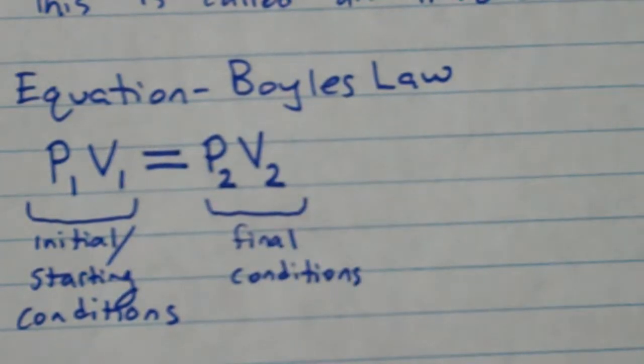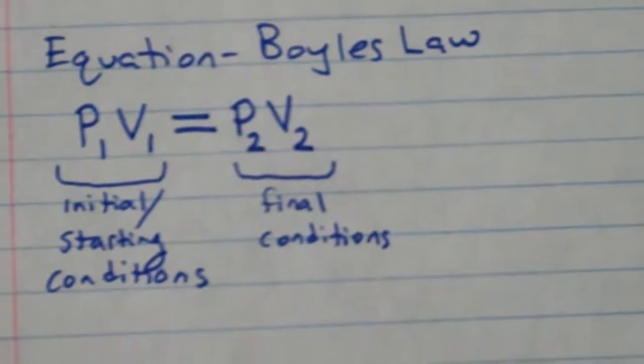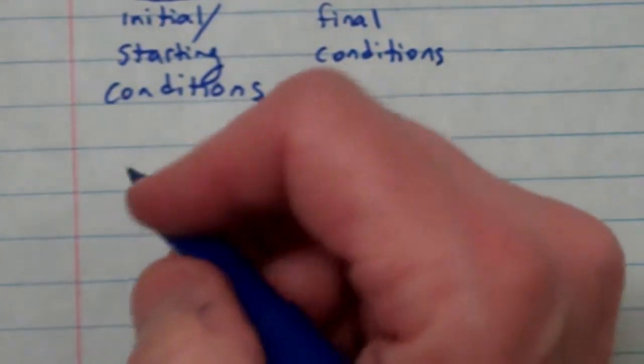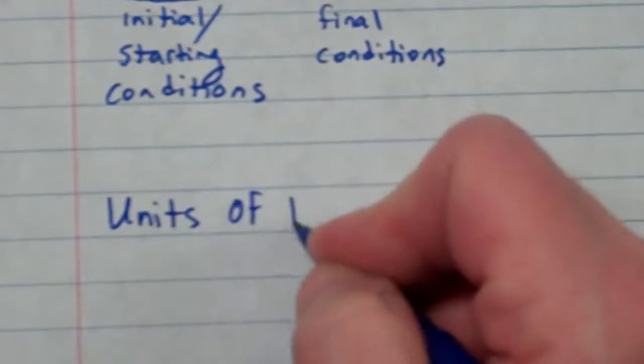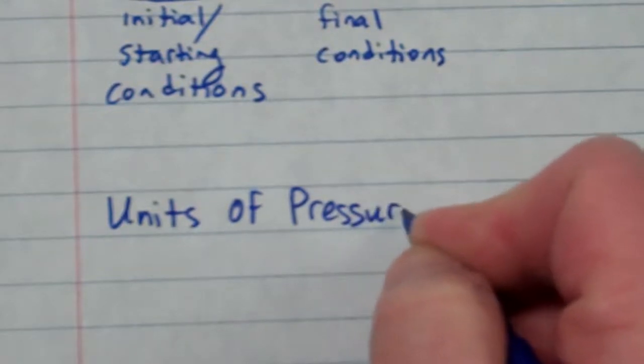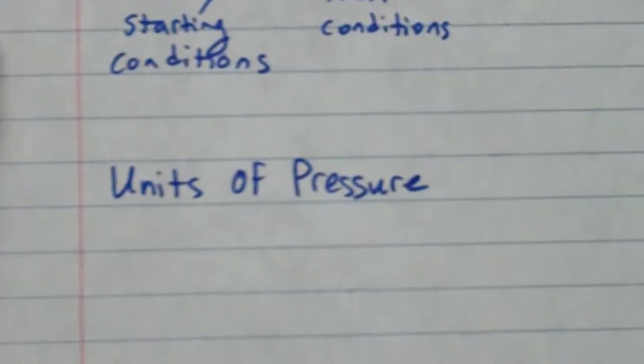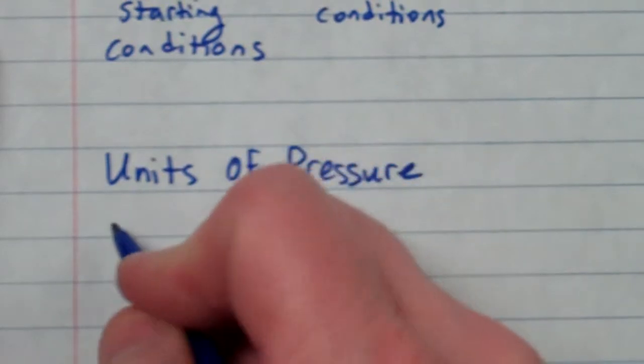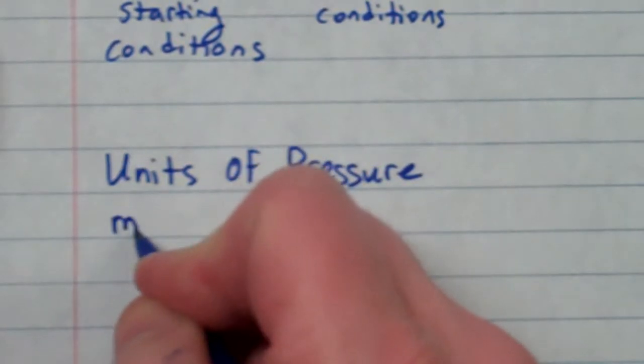Now, one thing that we noticed in class when we started doing problems is that there are some new units that we haven't talked about yet. So when we're talking about units of pressure, maybe you've heard on the news when they're talking about the pressure of the air, they call it the barometer. Air pressure is often given in millimeters of mercury. So you'll often see it as mmHg.